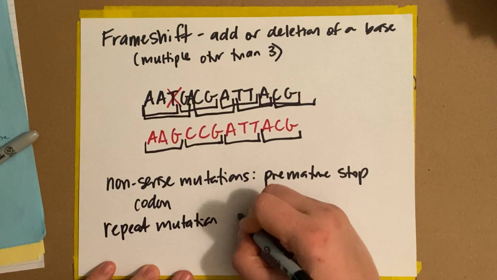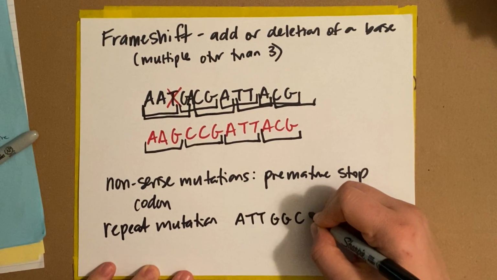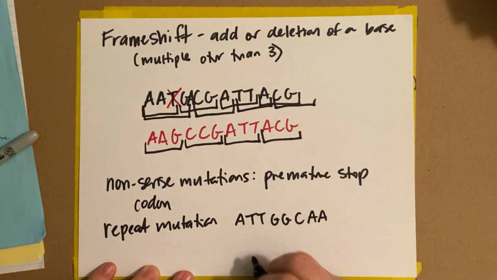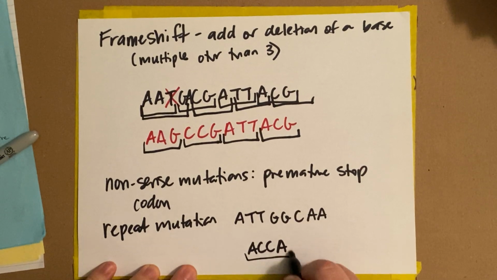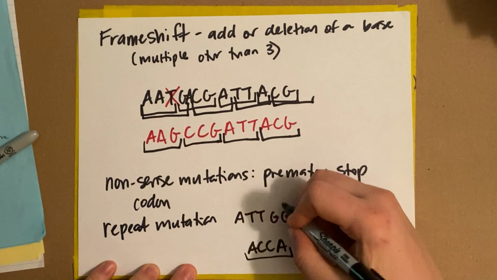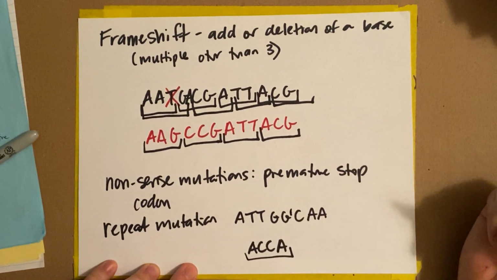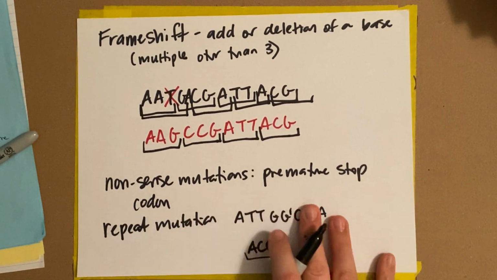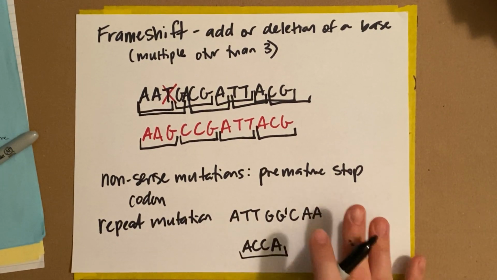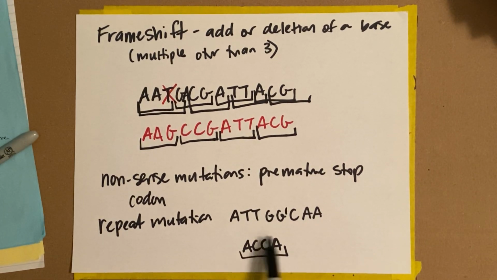And so if you have your normal sequence, and then all of a sudden you have this short sequence inserted somewhere in here, and it could be inserted multiple times, up to 10 times it could be inserted. That is also going to destroy the function of your protein. Huntington's disease, which is an inherited disorder, and something called Fragile X syndrome are examples of when these repeat mutations happen.